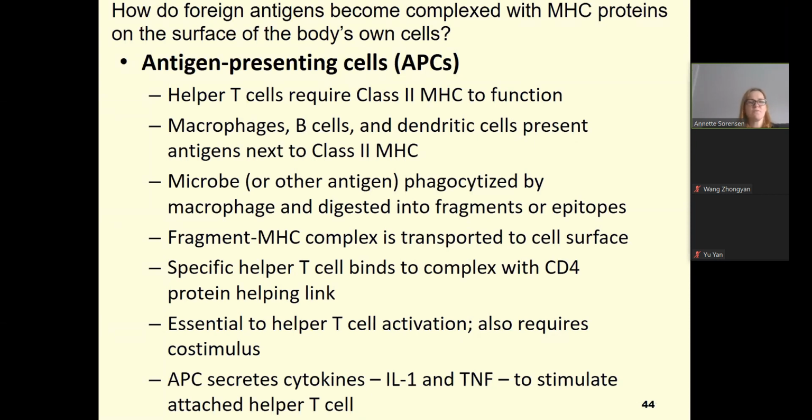Macrophages, B cells and dendritic cells present antigen with the class 2 MHC complex, so helper T cells can recognize and bind the MHC complex, which is presented by B cells, dendritic cells, and macrophages.